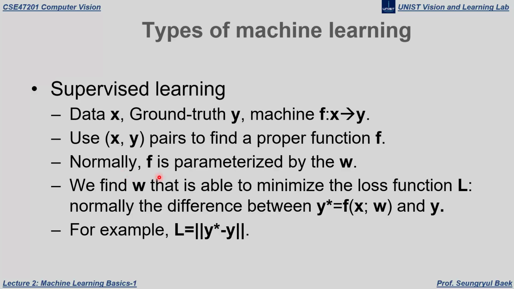You have to understand that function f is parameterized by the weight w. Maybe you already learned about this type of linear equation. This is the input x, and depending on this A and B, the same input x is mapped to different output y.